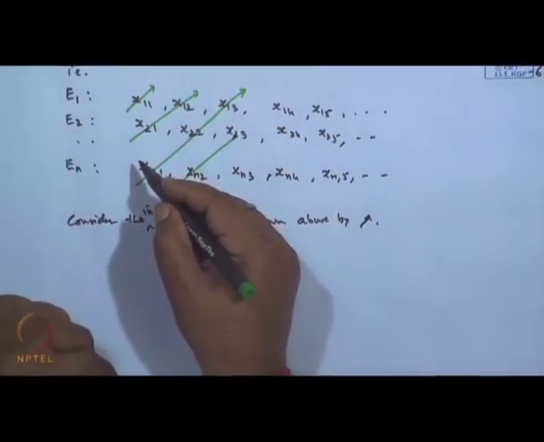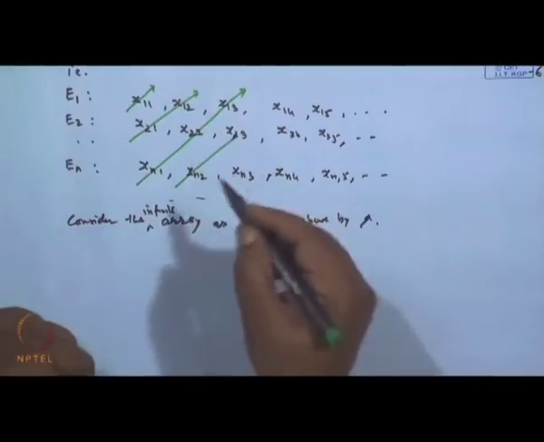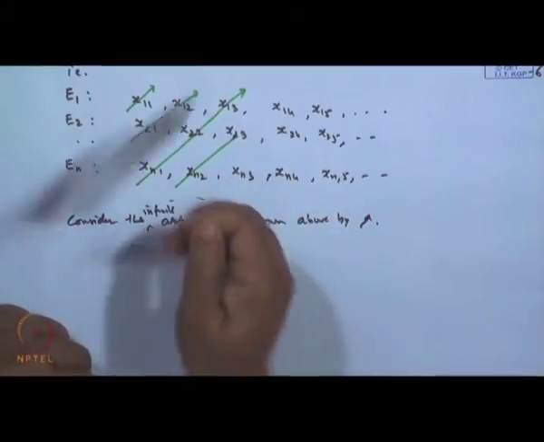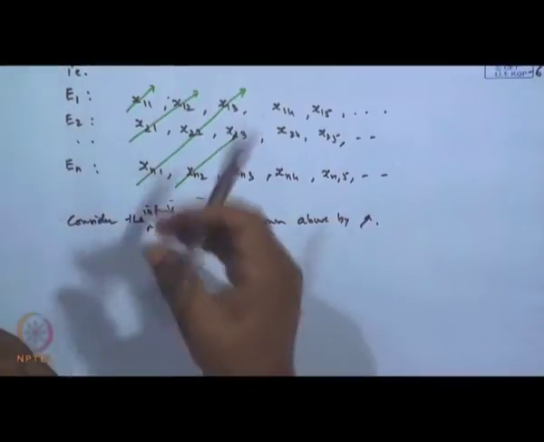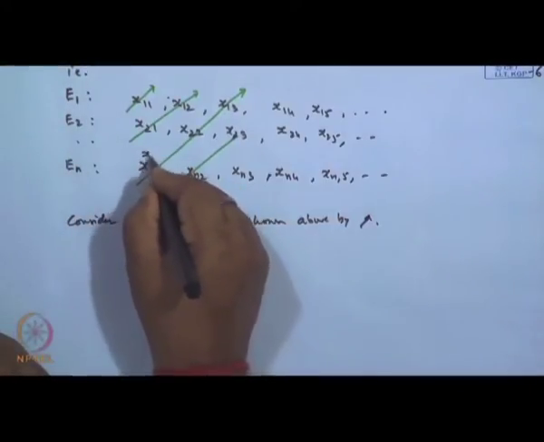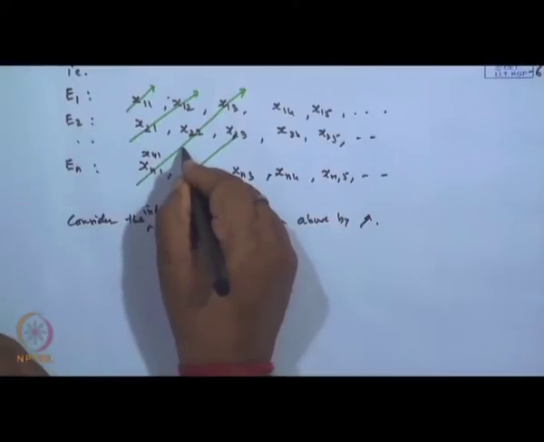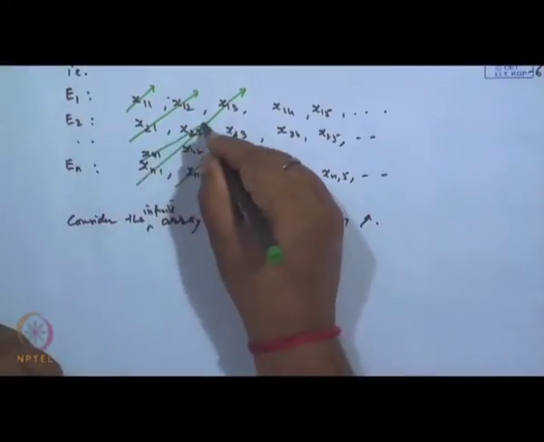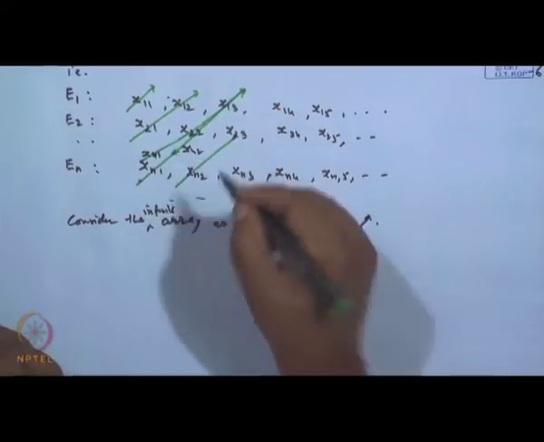So this will be x 4 1, x 4 2. This ray will go like this.